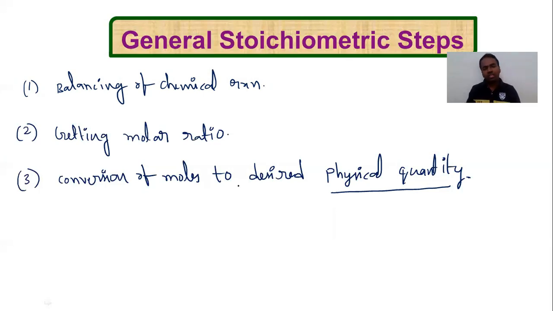Okay. So now I am going to explain these 3 steps by taking one example. So by taking one example, you get more clarity here. You know, H2 gas reacts with O2 gas to produce the well-known compound water, H2O.